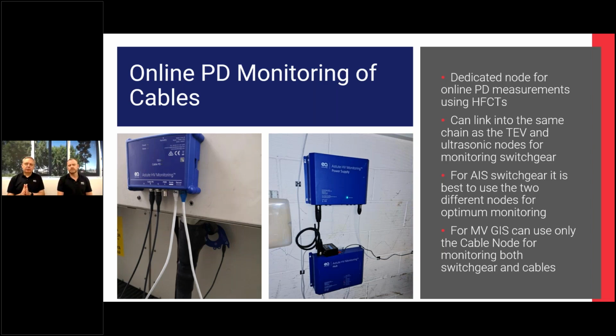If you put in quite an aggressive high pass filter, say 5 megahertz, then you would be concentrating on PD signals in the switchgear itself rather than far down the cable. If you're monitoring further down the cables, you need to choose the filter more carefully to give you the right distance to look down cables.